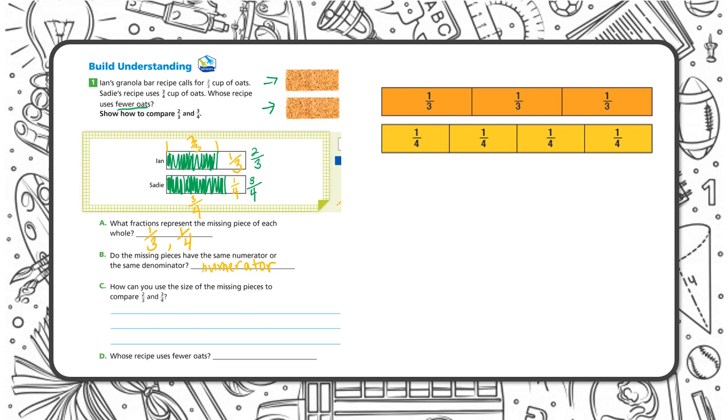So for Ian's, this piece right here was the missing piece. And for Sadie's, this was the missing piece. What do we know about 1/3 and 1/4?